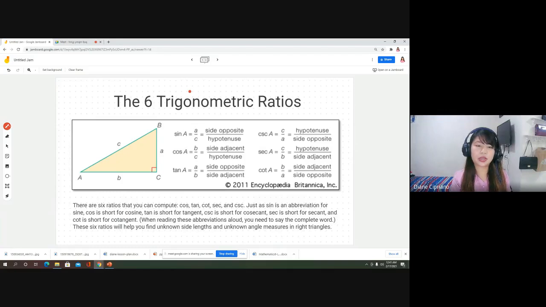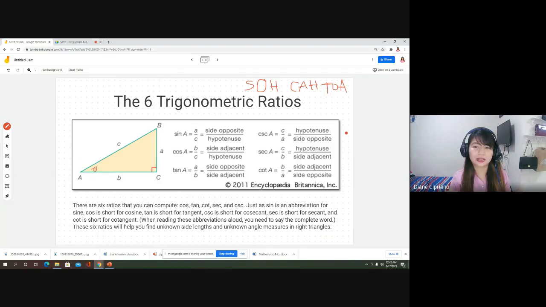So, given that our theta here is angle A. For the sine, always remember the short term, SOHCAHTOA. If you remember this simple term, you can now easily illustrate the 6 trigonometric functions.